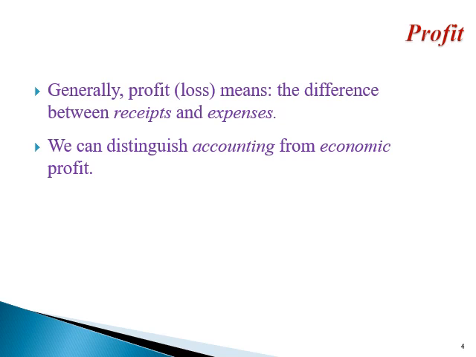Okay, profits means the difference between receipts and expenses. What is receipts? Receipts, I told you, it has so many names. Receipts, total value product, total returns, total revenues, they are all the same. Expenses means the summation of total fixed cost plus total variable cost.